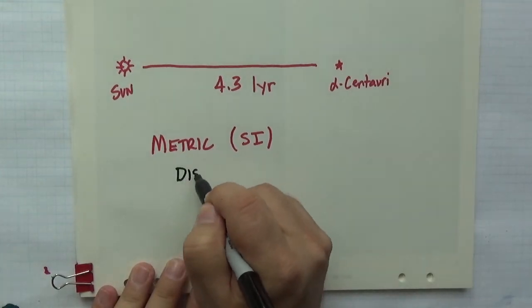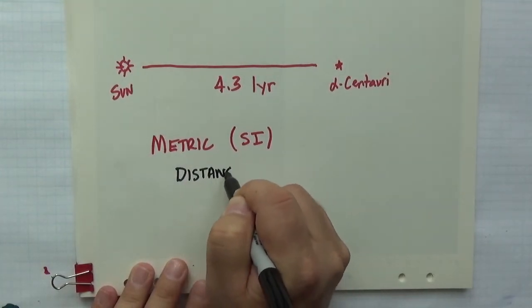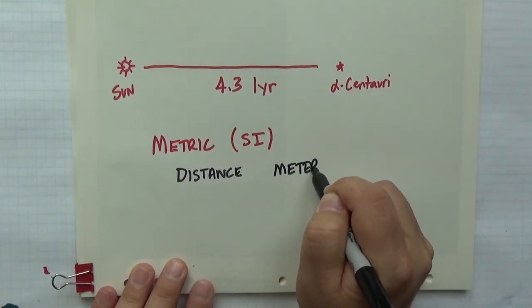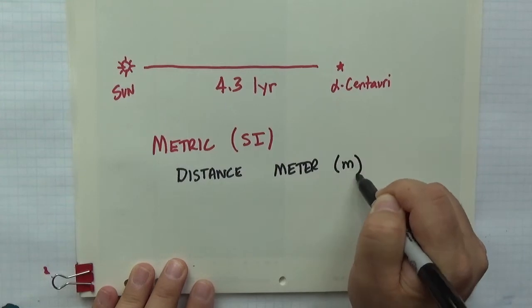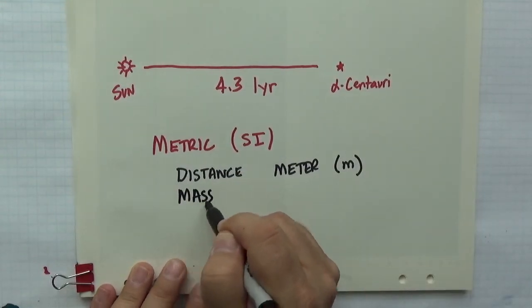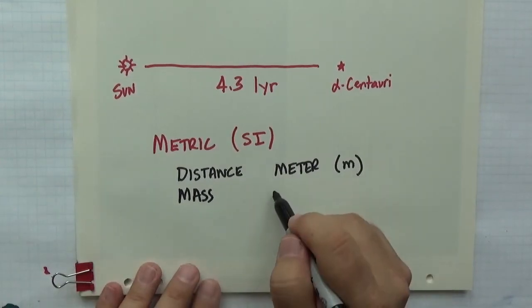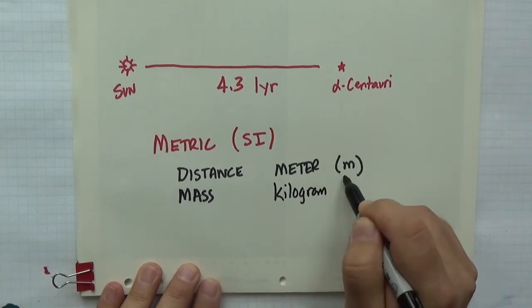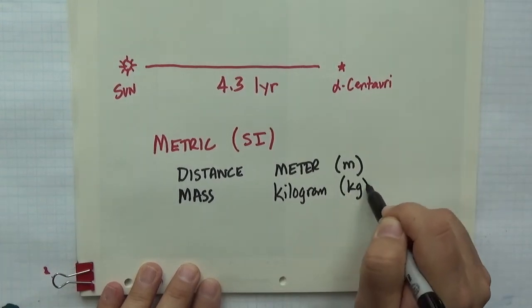Whenever you're measuring distance, the unit is the meter, which is abbreviated with a little m. Whenever you're measuring mass, that is how much stuff is in something, the unit is the kilogram, which is abbreviated kg.